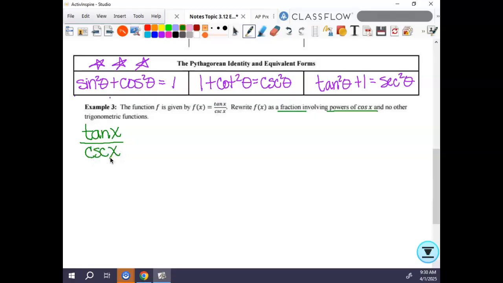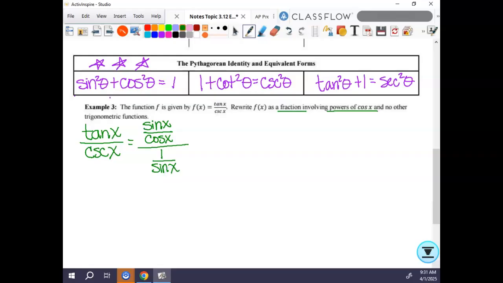Okay. So I know I can rewrite tangent as what? Sine over cosine. So I'm going to make that sine of x over cosine x, and then a big old fraction bar. And I can rewrite cosecant as 1 over what? Sine. Okay. Now, I have a fraction and a fraction. First of all, I'm not going to freak out.